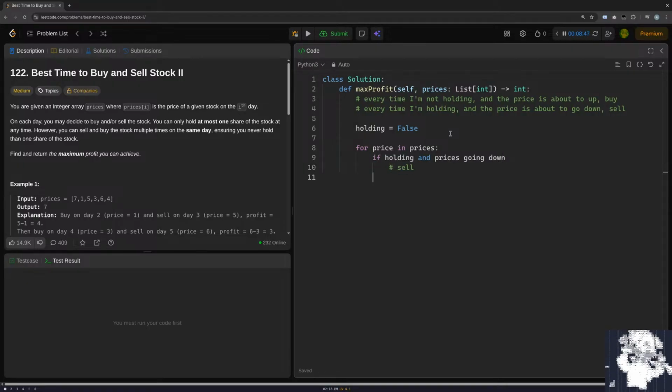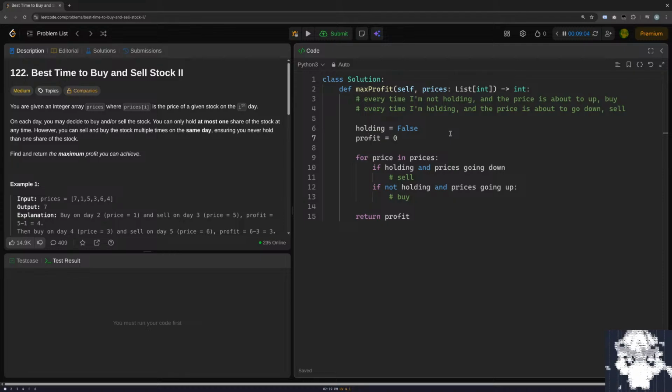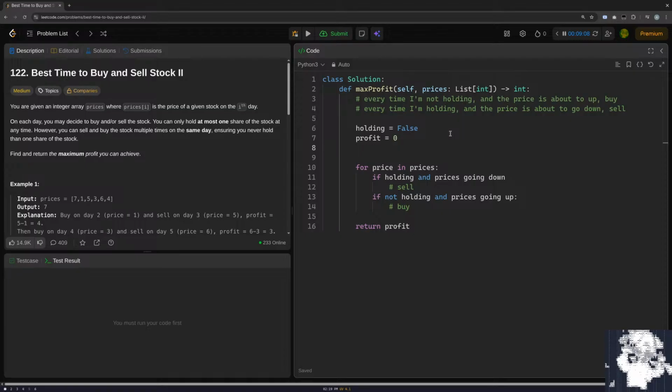If not holding and price is going up, buy. Return profit. So profit equals 0. We need to remember what is the amount that we last bought for: bought_at.